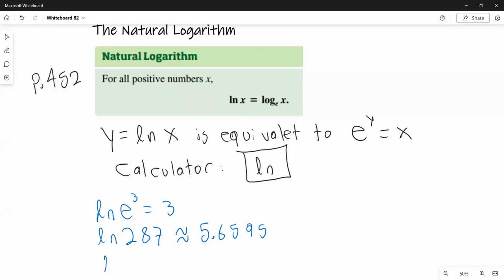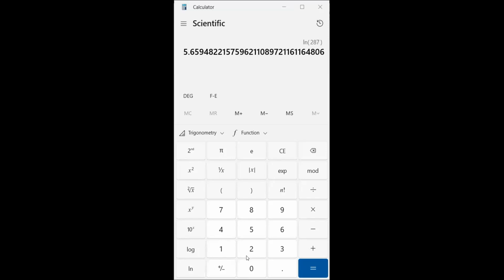Also, the natural logarithm of 0.0135. Let's check that. The natural logarithm of that is approximately negative 4.3051.